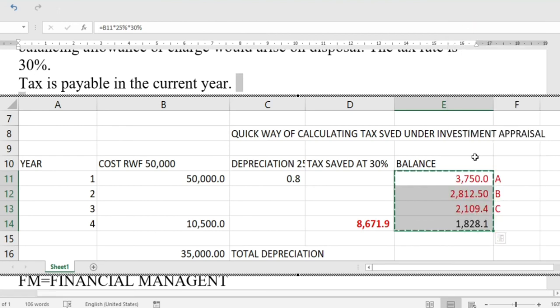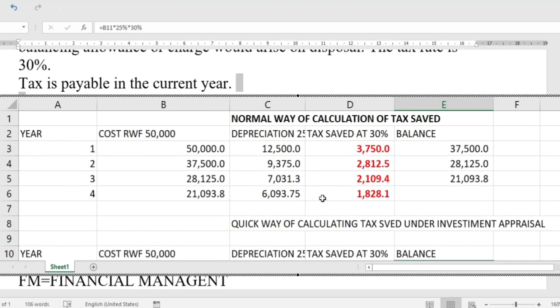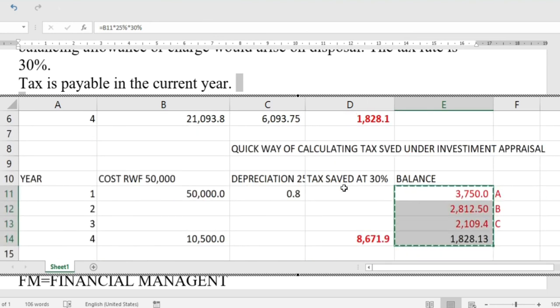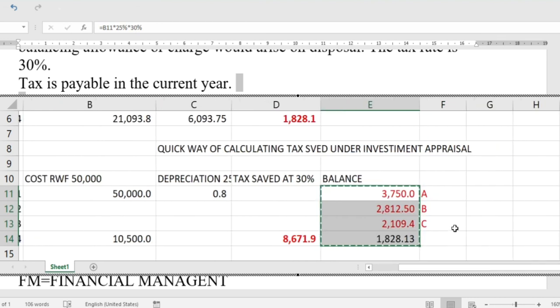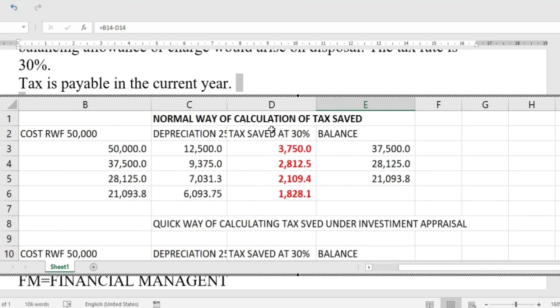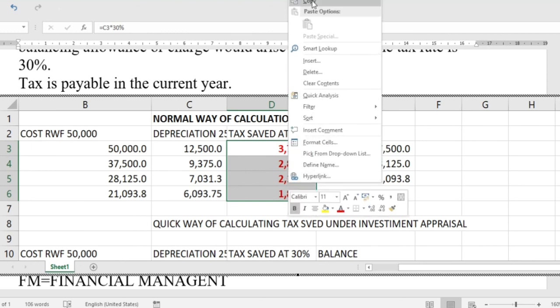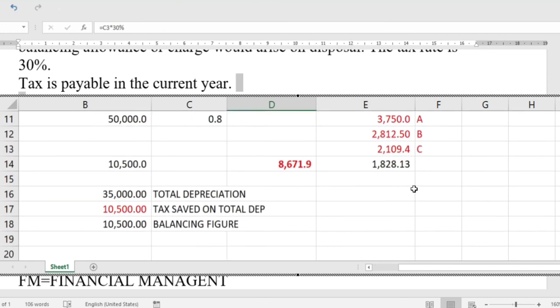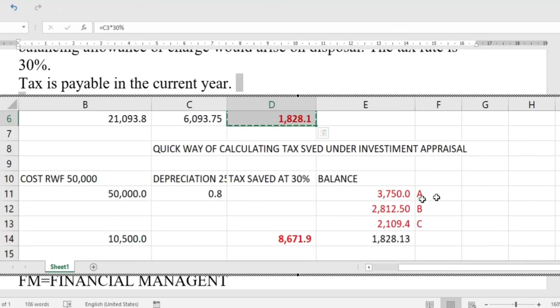Let me check against what we have for the long way. This is what we have for the long way, and this is what we have here. Is it the same?